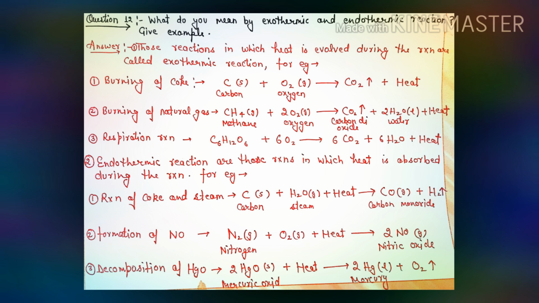Endothermic reactions are those reactions in which heat is absorbed during the reaction. For example, reaction of coke and steam, formation of nitric oxide and decomposition of mercuric oxide are all examples of endothermic reactions. So students, these 6 reactions are most important, so remember them.